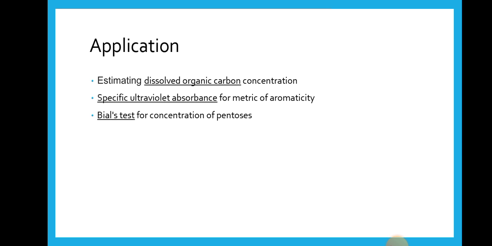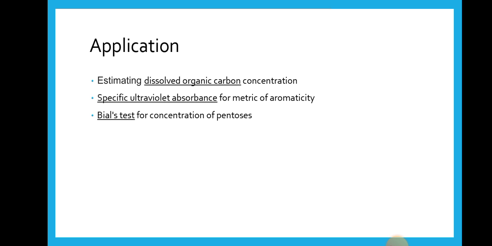Application. Estimating dissolved organic carbon concentration: dissolved organic carbon is the fraction of organic carbon operationally defined as that which can pass through a filter with a pore size typically between 0.22 and 0.7 micrometer. Specific ultraviolet absorbance is a metric of aromaticity.